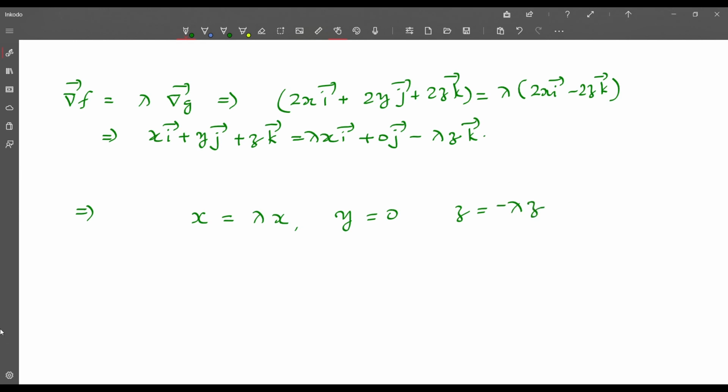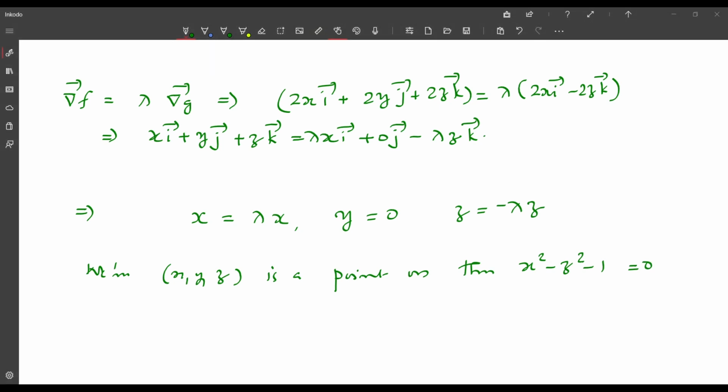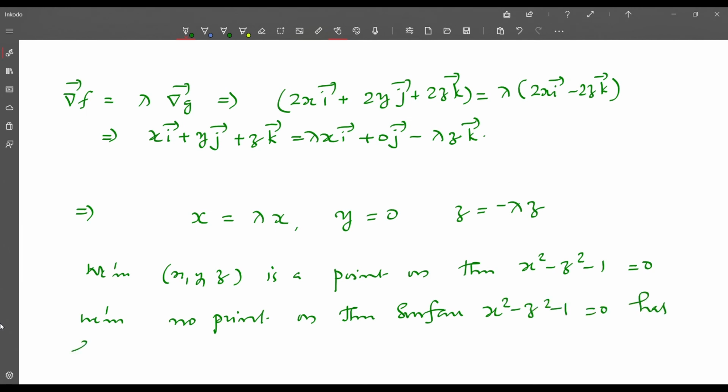We have x, y, z as a point on the hyperbolic cylinder x square minus z square minus 1 equal to 0. We have no point on the surface x square minus z square minus 1 equal to 0 that has x coordinate 0.